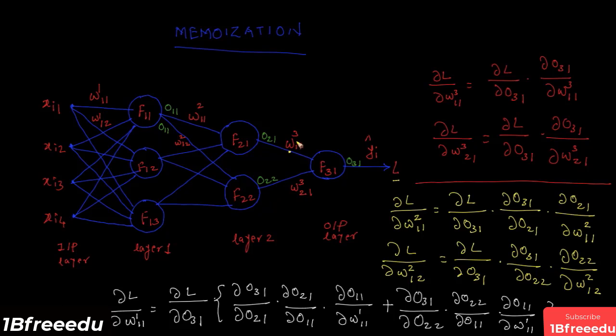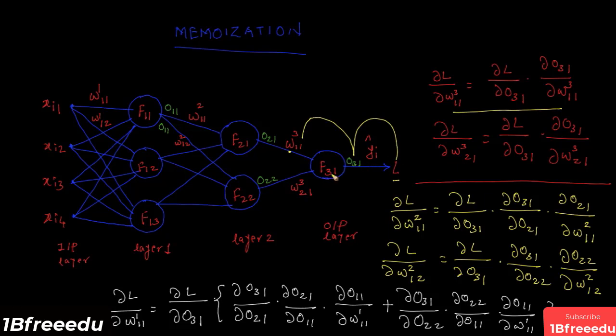For example, if you want to update this weight, you need the derivative with respect to this weight. Why? Because the formula for new w is equal to old w minus eta times the derivative of loss with respect to that weight. Now in order to compute the derivative of loss with respect to this, we use the chain rule: derivative of loss with respect to O31 and derivative of O31 with respect to this, right? That is the chain rule I wrote here.